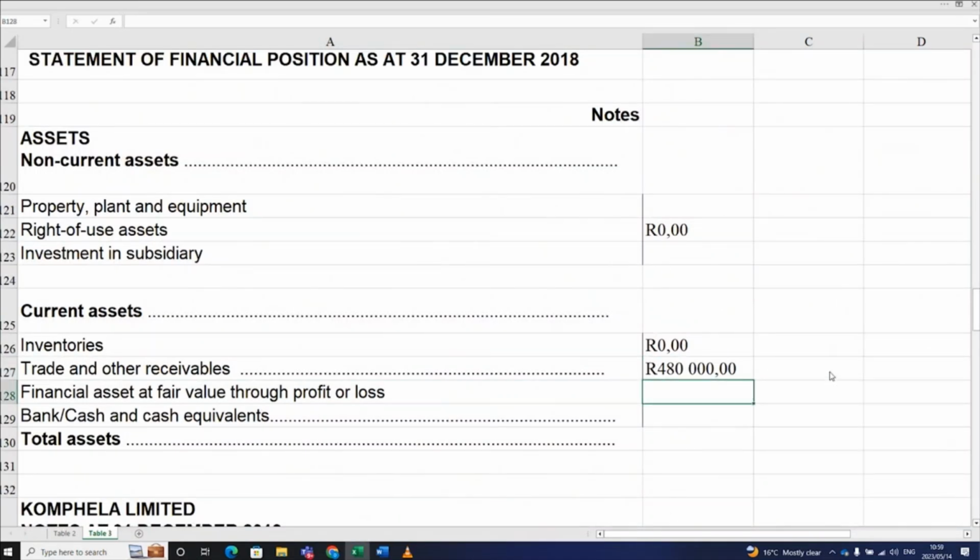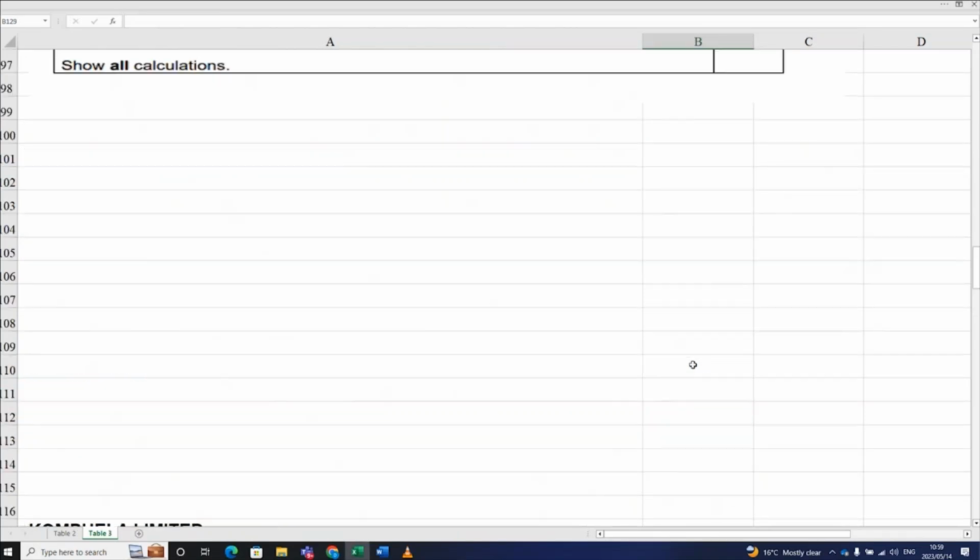All right, good to go. Then I've got bank, cash and cash equivalents.